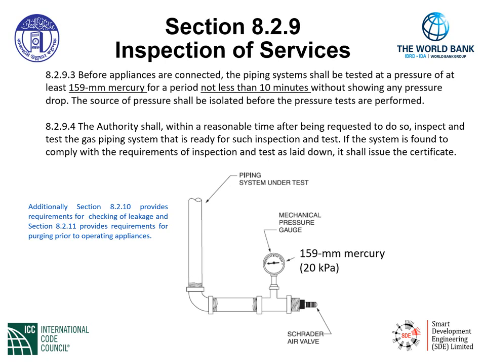We need to provide some type of gauge and a Schrader valve to input the pressure into the system. This way, when the inspector goes out to inspect the pressure on the system, we can readily look at the mechanical gauge pressure and indicate the proper pressure being applied to test the system.